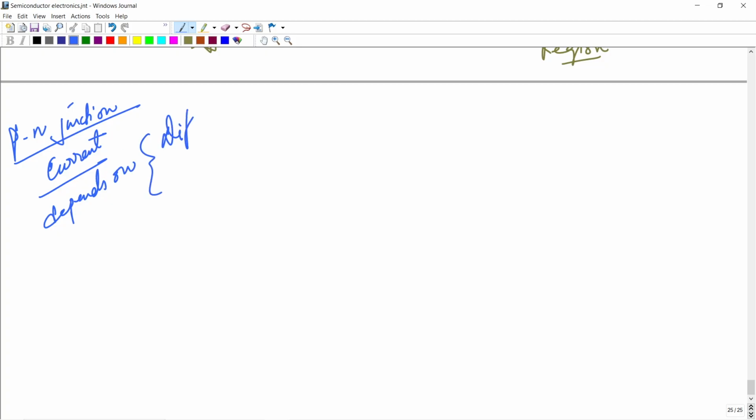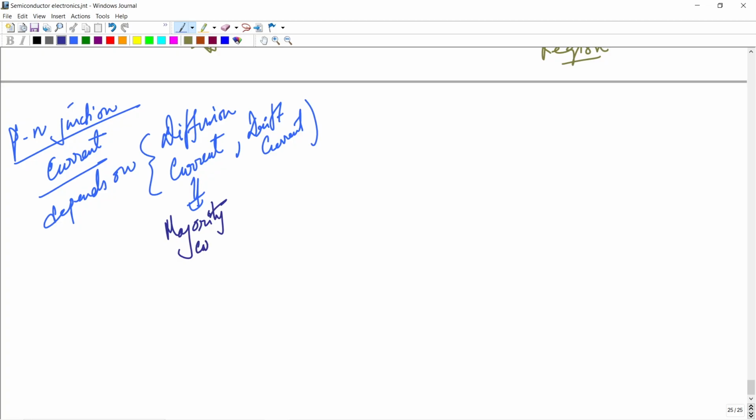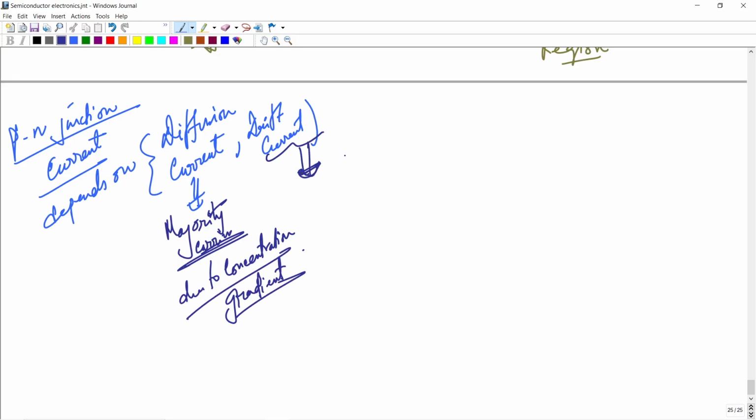Diffusion current first, then drift current. Diffusion is for the majority carrier due to the concentration gradient or mismatch in the two extrinsic semiconductors, and drift current we get due to the electric field.